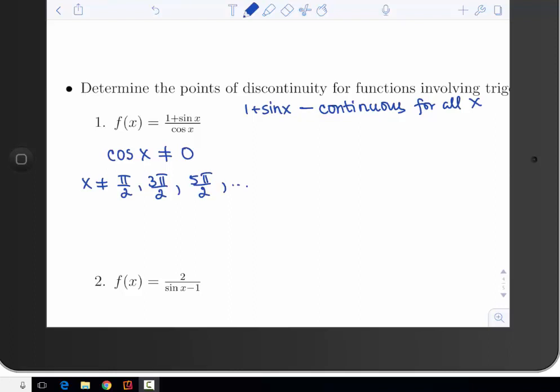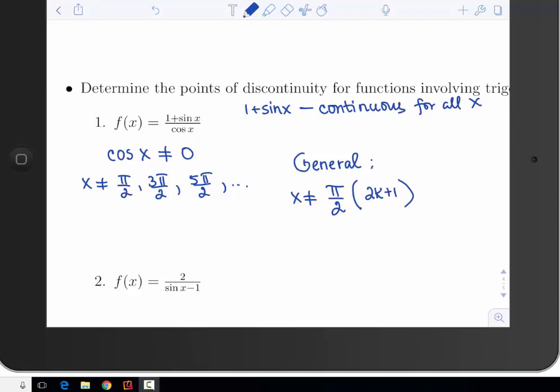So in general, this is your general formula, okay? We don't want x to be equal to some odd multiple of pi over 2, okay? 2k plus 1, that will give you an odd number, okay? Because if you get an even number, then that 2 and 2 will cancel out.